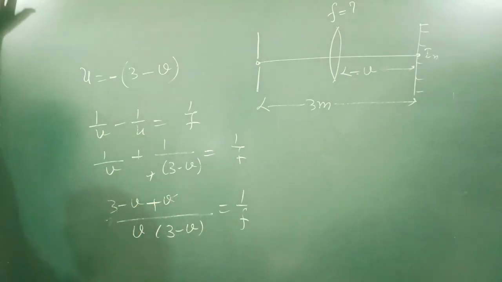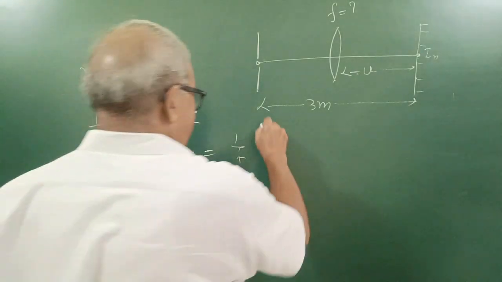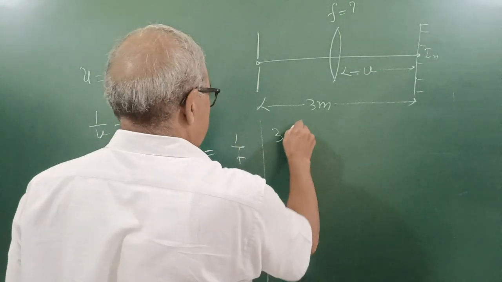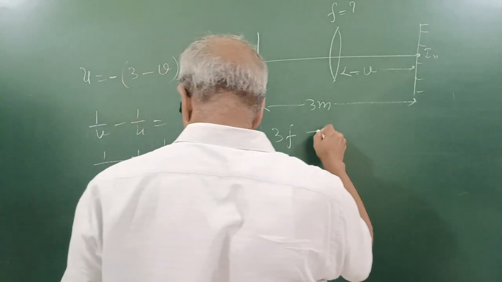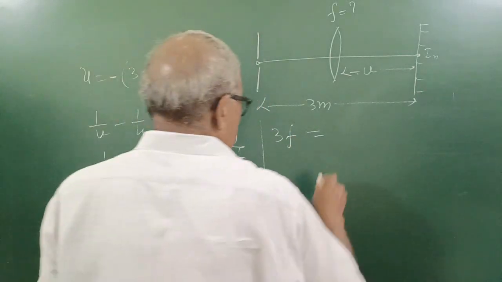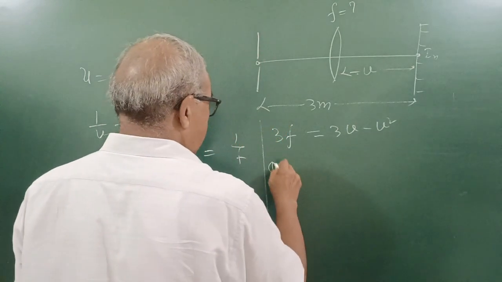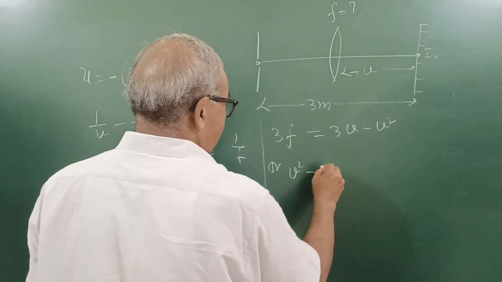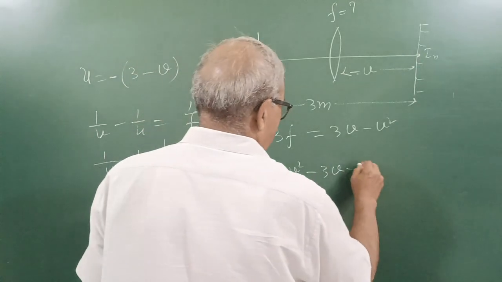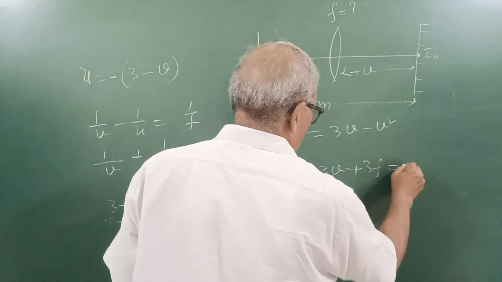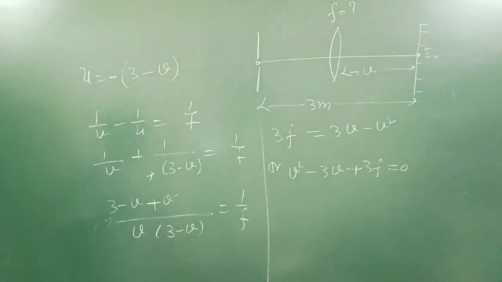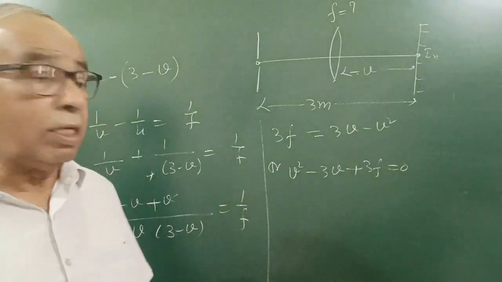These V cancel, so we get 3F equals 3V minus V square, or V square minus 3V plus 3F equals 0. We have got a quadratic equation in terms of V.